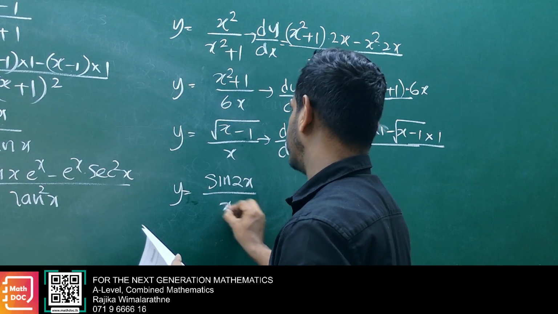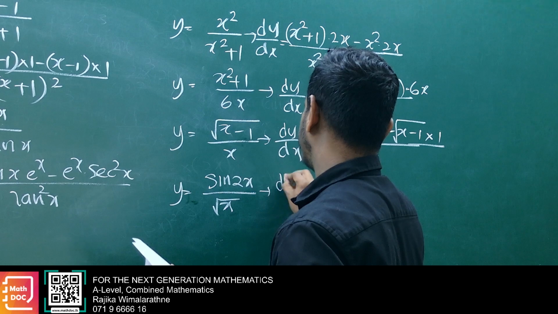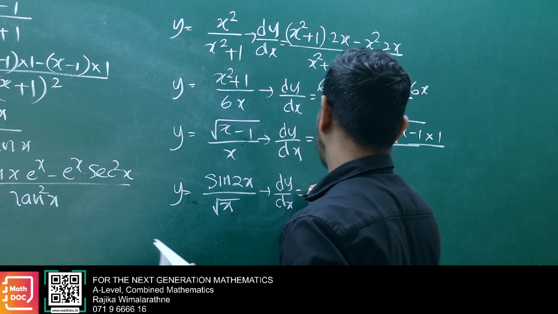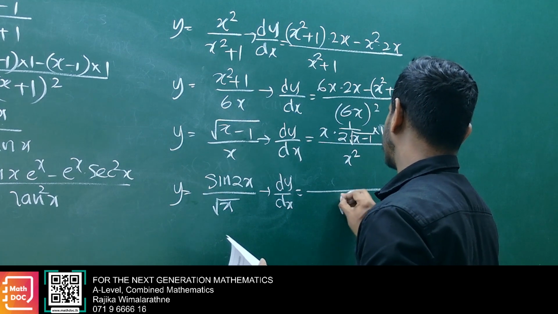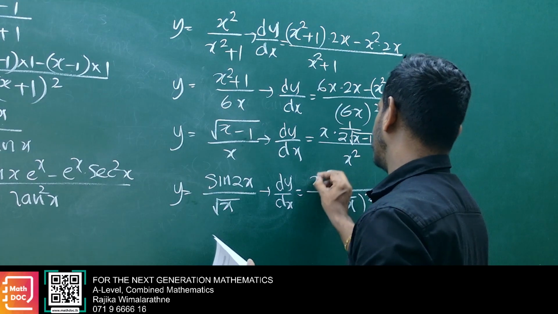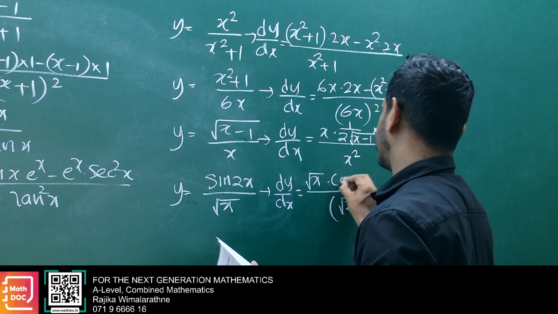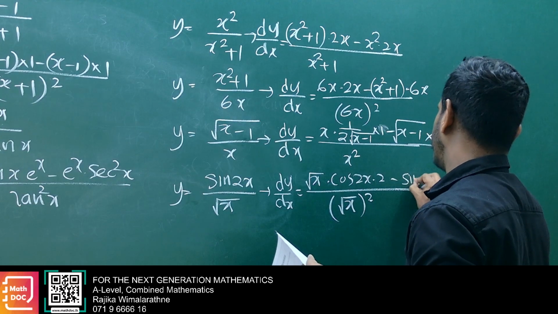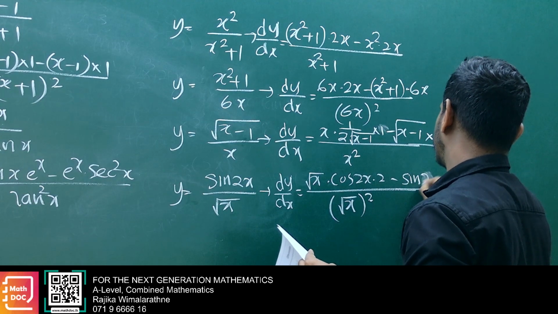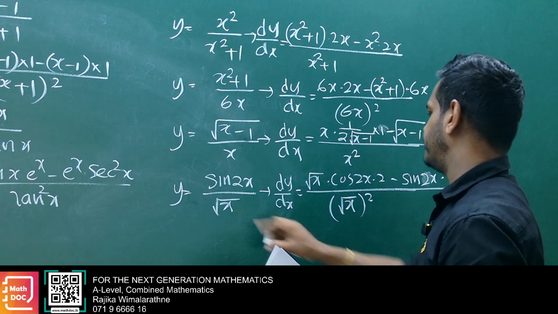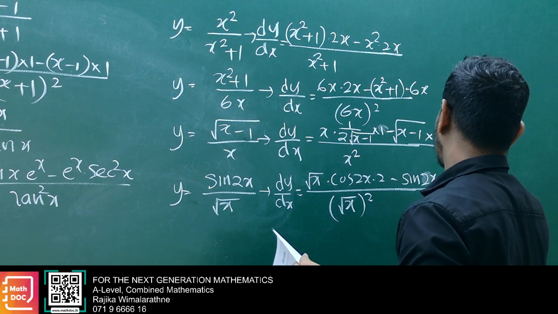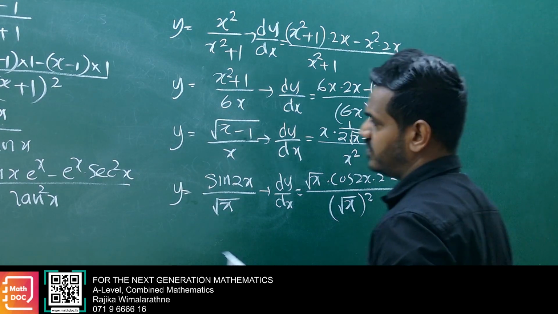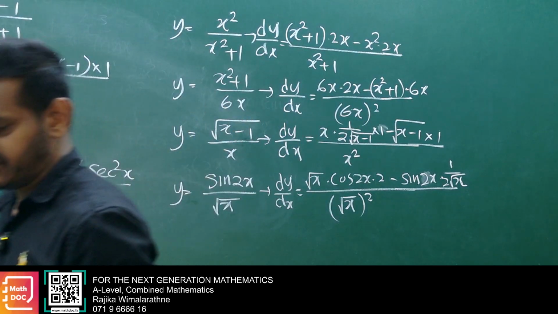Sin 2x over root x, then dy by dx, denominator square, denominator times derivative of numerator, cos 2x times 2, minus sin 2x times derivative of denominator, 1 over 2 root x.